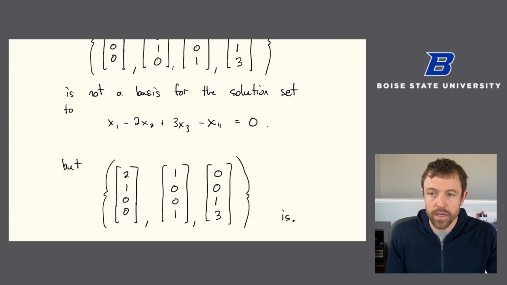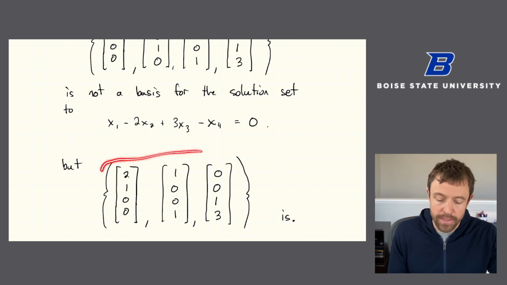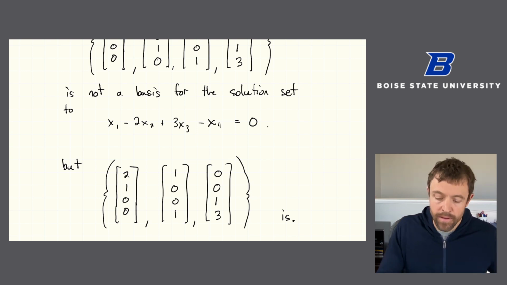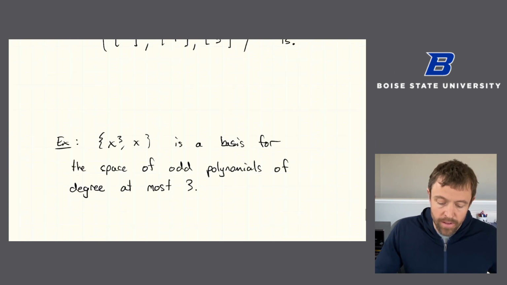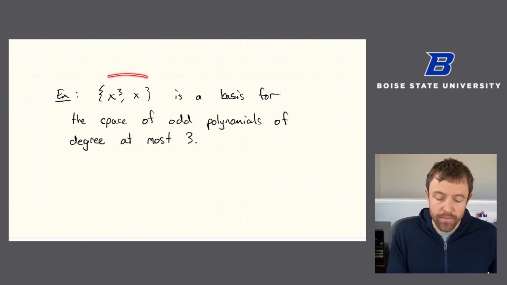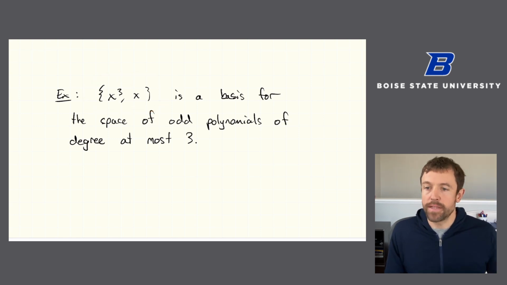Any solution you can come up with to this linear system can be written in exactly one way as a linear combination of these three vectors because they're linearly independent and they span that set. The space of odd polynomials of degree at most 3, well, what we started with, the spanning set, is also a basis. Every odd polynomial of degree at most 3 can be written as a linear combination of these two polynomials.